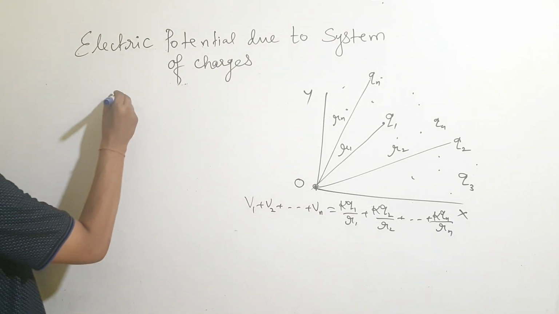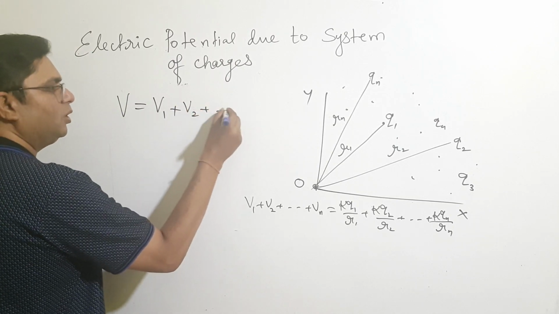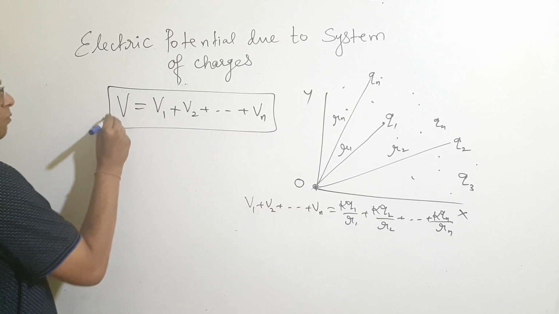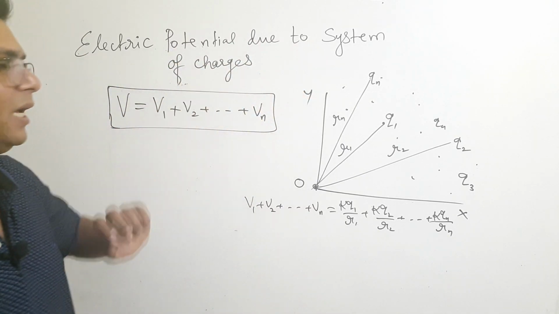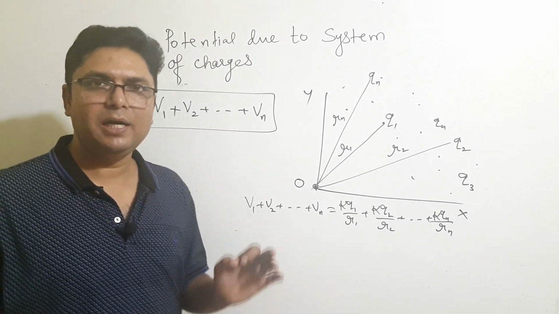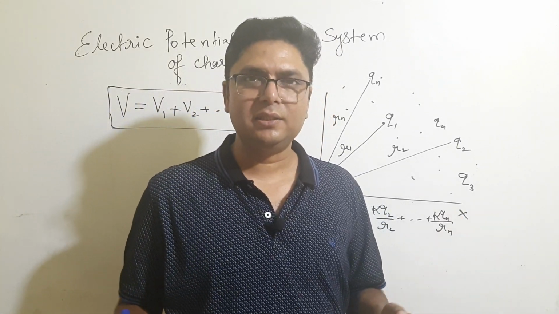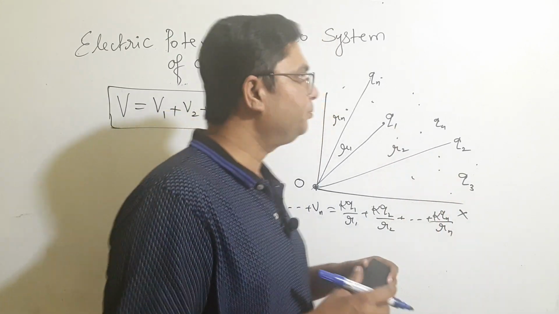This means that total potential V equals V1 plus V2 plus dot dot Vn. So you have learned that electric potential due to a system of charges is the algebraic sum of individual potentials. Now let us see a numerical to understand this topic.